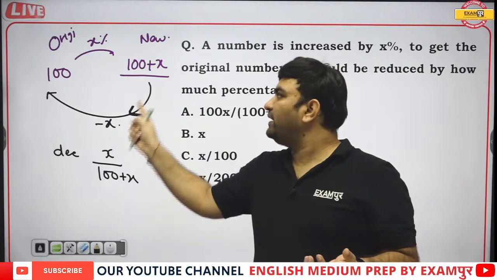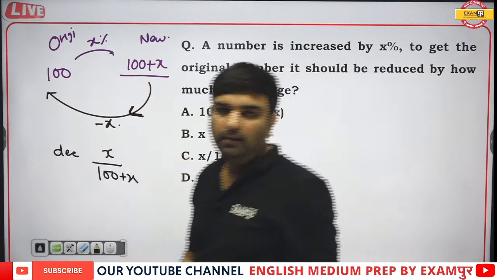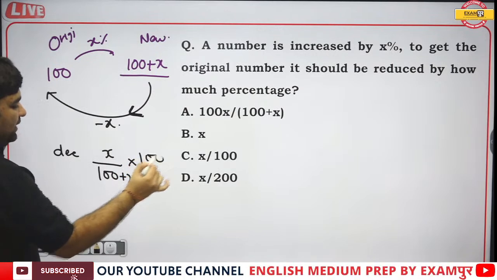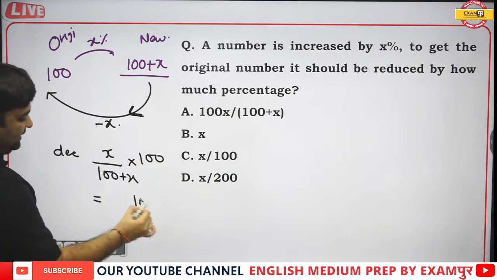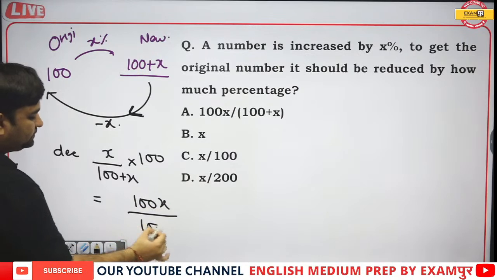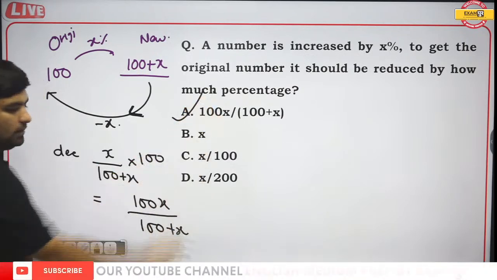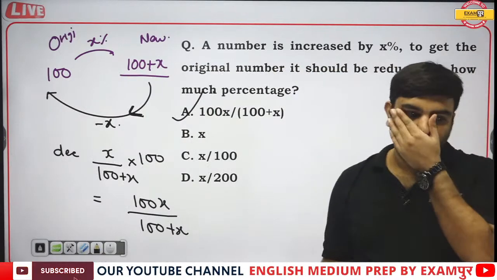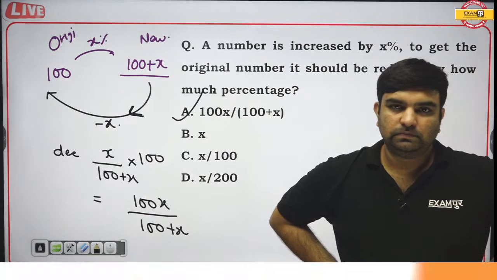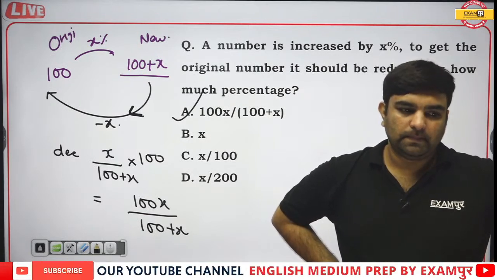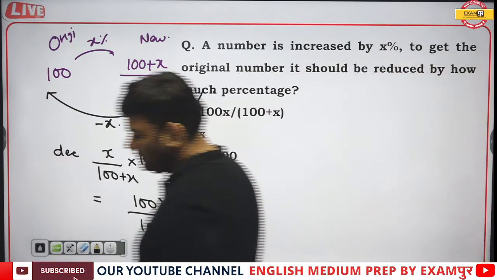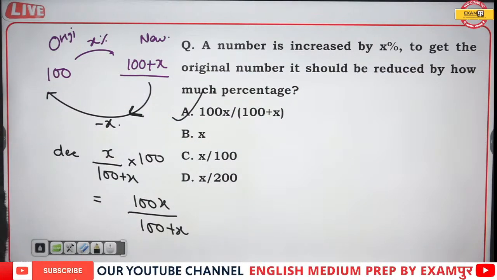So decrement of X over 100 plus X. Convert into percentage, multiply by 100. Clear, guys?